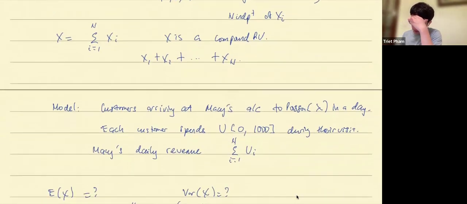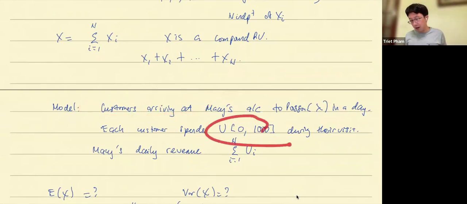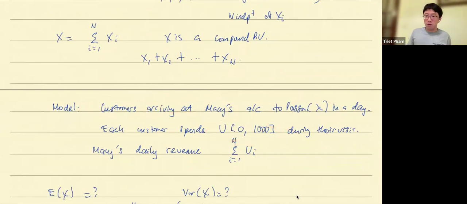The amount each customer spends has no influence on the number of customers arriving, and vice versa. Who knows? Maybe true, maybe false. If you see a lot of people at Macy's, maybe you're more inclined to spend more. But it's reasonable to assume that the amount people spend at the store has nothing to do with how many people are arriving at that store.